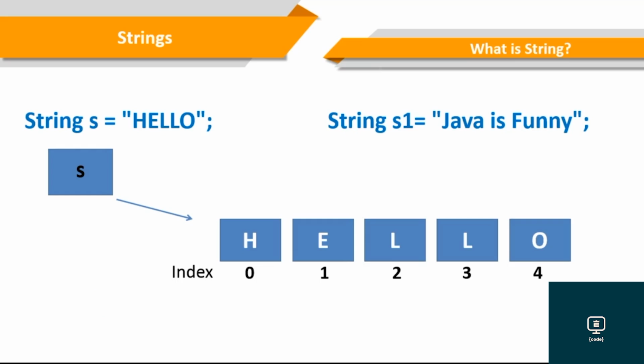The chars in a string are identified by index numbers. So in hello, the leftmost character, H, is at index 0. The next character, E, is at index 1, and so on and so forth. Good. We will do a whole lot of examples related to the string index by using some string methods.